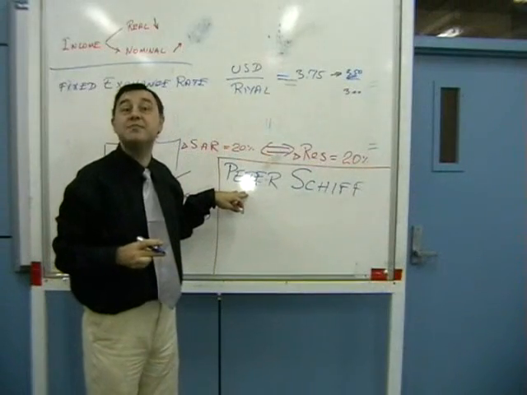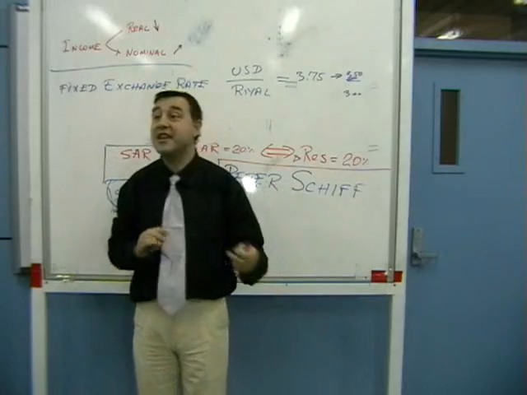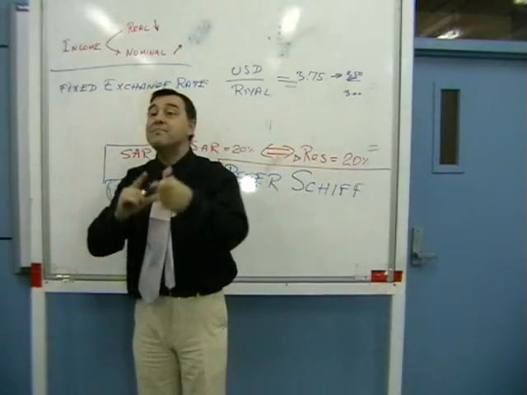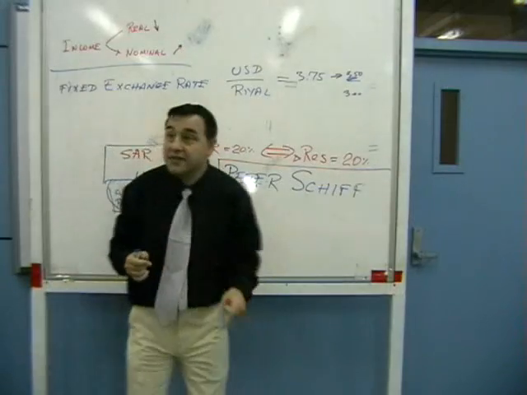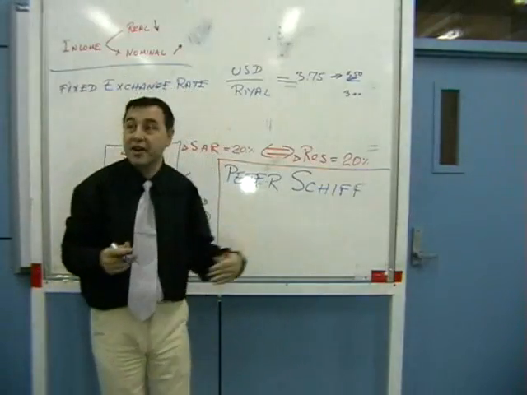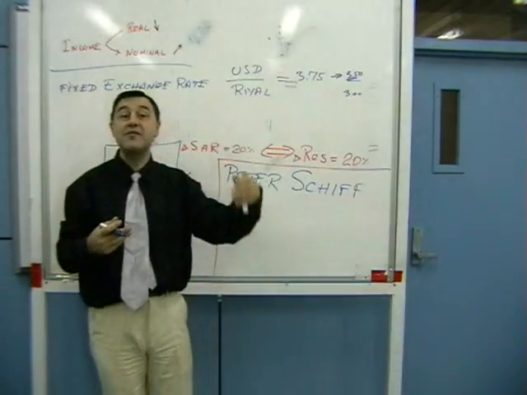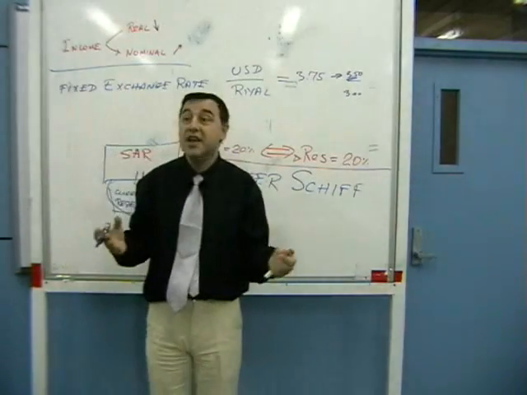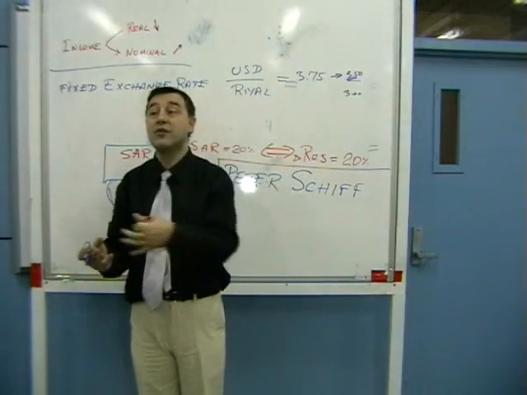And Peter Schiff has been the best economic analyst in the world, discussing these global imbalances and the problems of accumulation of reserves and the problems that America has. America has effectively bankrupted itself over the last 3, 4, or 5 years because it owed 1 trillion just 5 years ago and now owes 4 trillion.